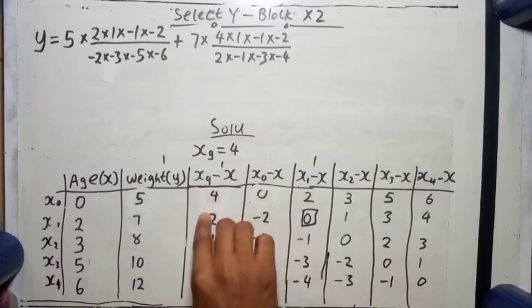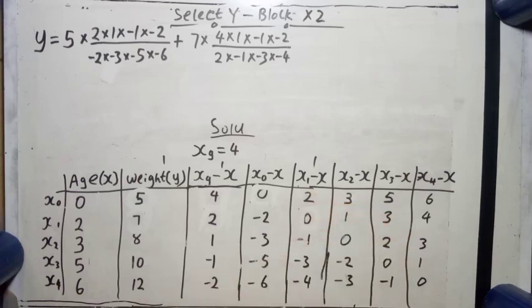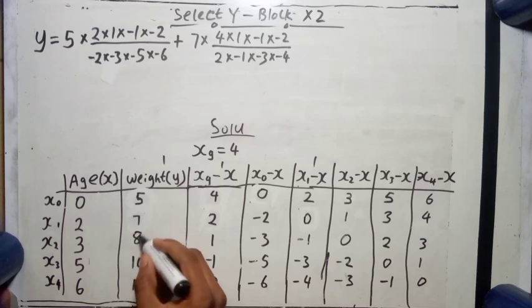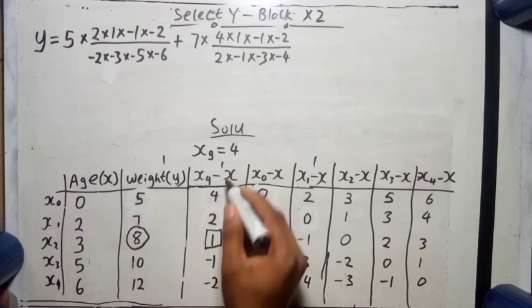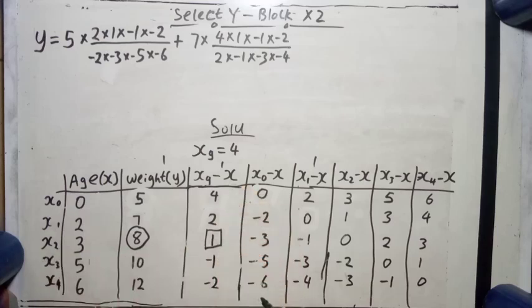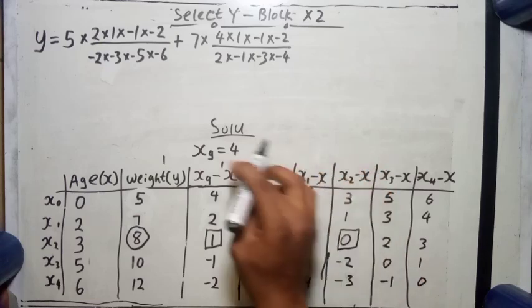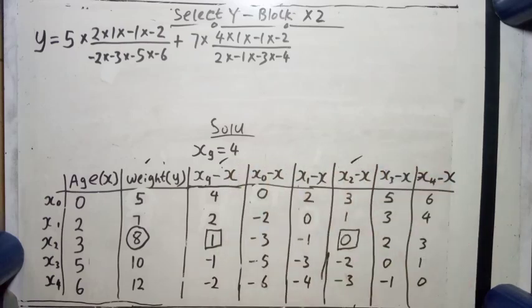The same thing that we did for the first and the second, we're doing it for the third row too. Now for the third row, again, you select your y and you block your corresponding x minus x value from that row. You block this, and then for the 0, you also block the 0, meaning that this time around we're going to be using this, and this to get the third addition we're going to be making.